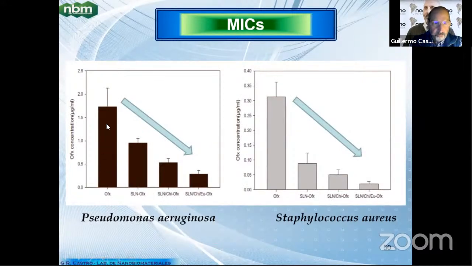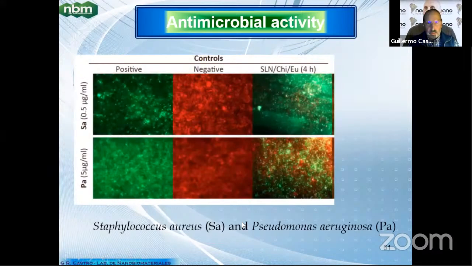As you can see, in Pseudomonas aeruginosa the concentration of ofloxacin is reduced, reaching a low effect also in Pseudomonas and Staphylococcus aureus.